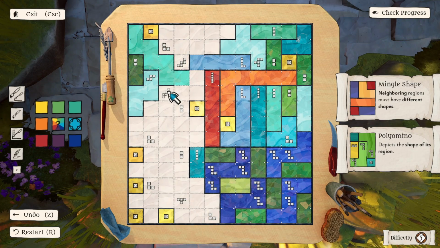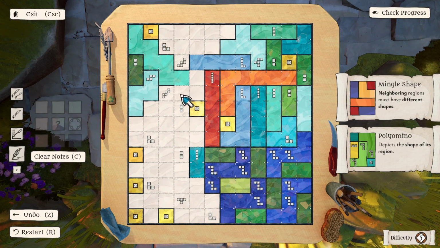Now, this still has 2 paths it can go by. It could be here. Or it could be here.